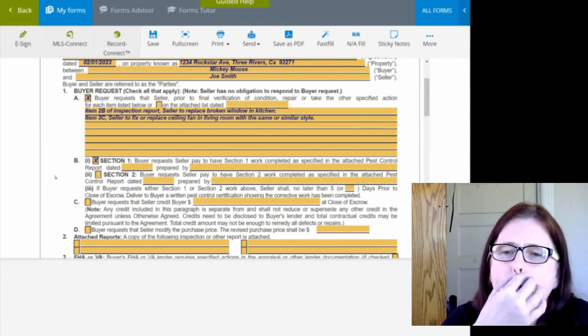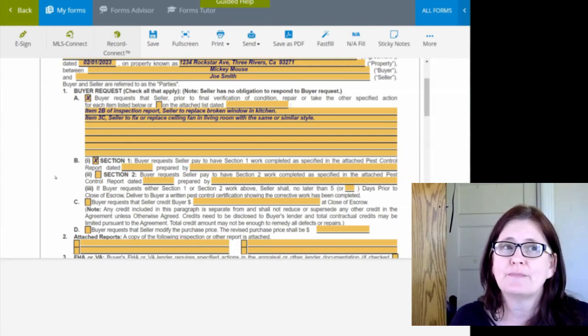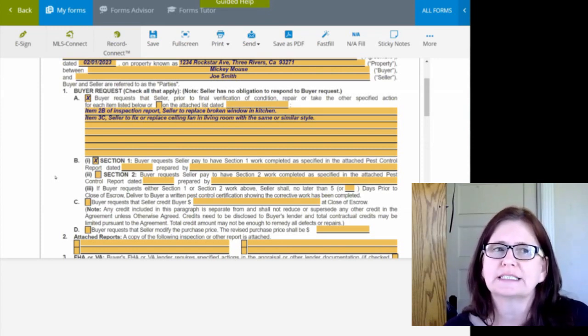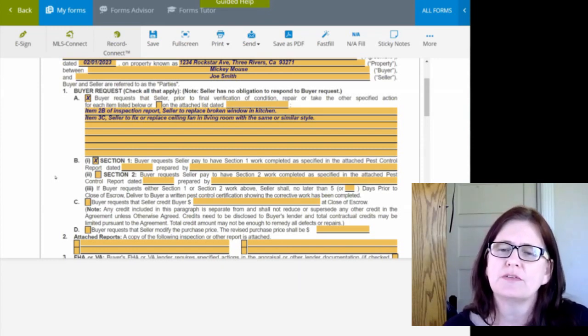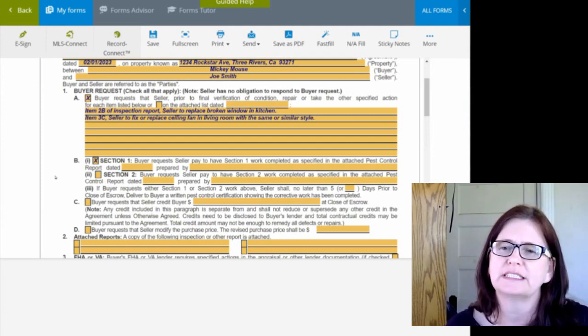One thing on the pest inspection reports, if you haven't seen them: there'll be section 1 items, there'll be section 2 items, there'll be maybe other items that need to be fixed. And then sometimes they'll give you a quote on the repairs. Usually the quote only pertains to the actual treatment for the termites and not fixing some of the boards.